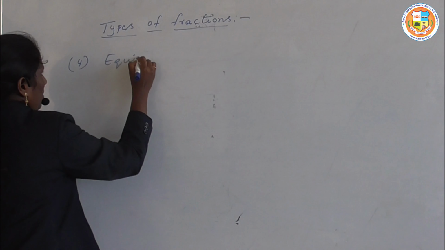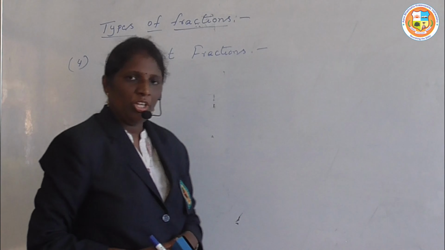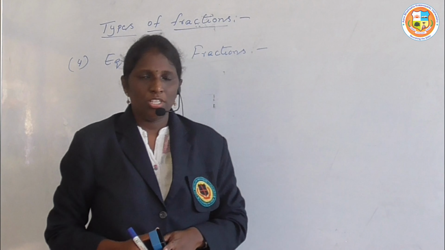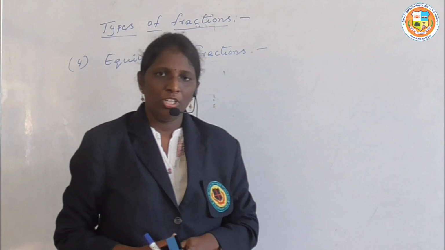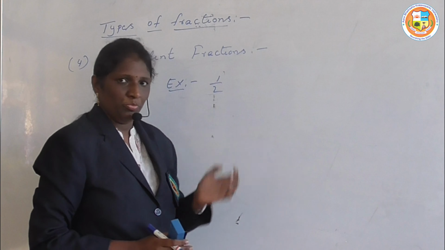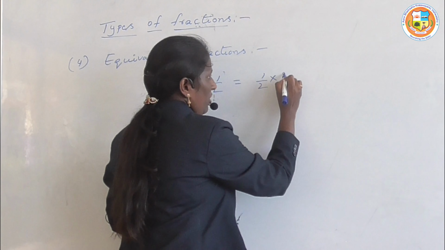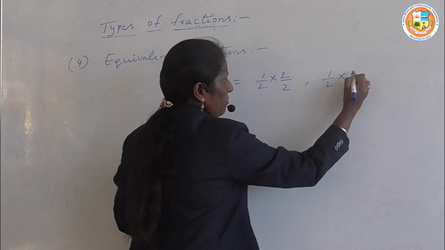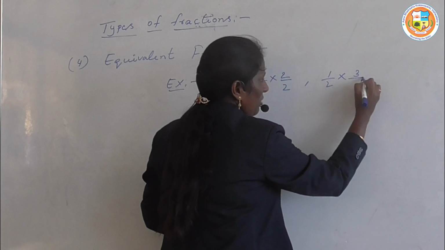Equivalent fractions. A fraction obtained by multiplying or dividing the numerator and denominator by the same non-zero number is called an equivalent fraction. For example, write the first 3 equivalent fractions of 1 by 2. Multiply the numerator and denominator by the same non-zero number.